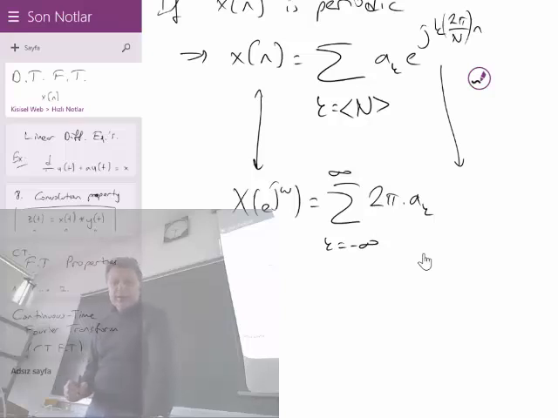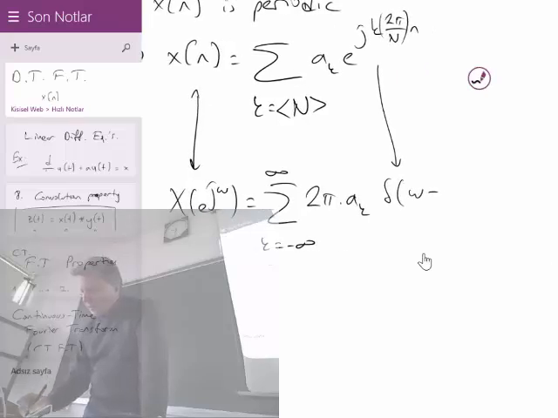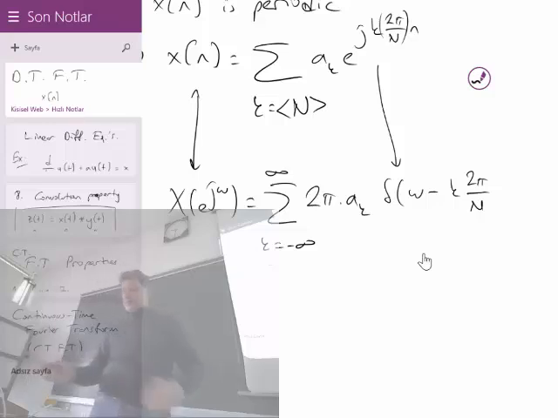What is the position of this harmonic? The position of that harmonic is omega minus k omega 0, let's say k times 2 pi over capital N.